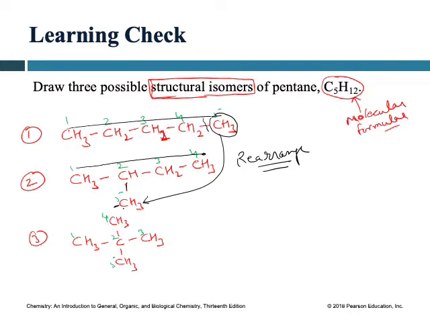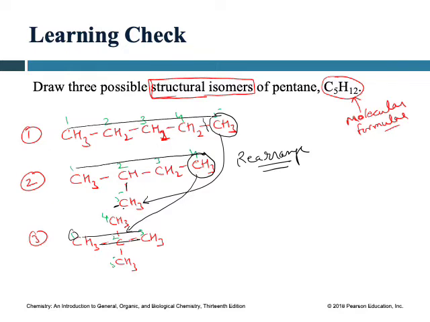In the third structure, again, if you start from the first and go all the way to the last carbon, you are just going from 1 to 3. You don't have any bond between 3 and 4 and 4 and 5. That means the connectivity is now different from 1 and 2. So what you did, you took the 4th also and put it on the second. You are breaking the bond and putting the group on a different carbon atom than before.